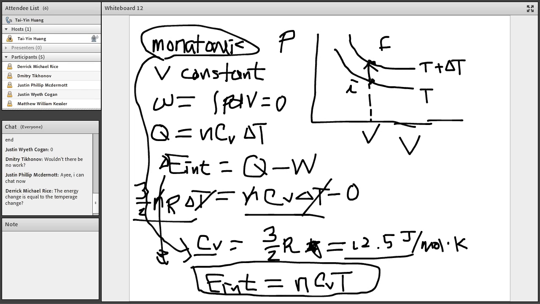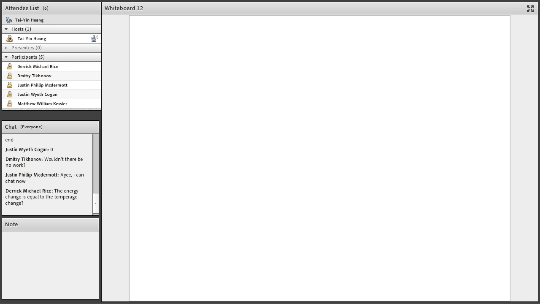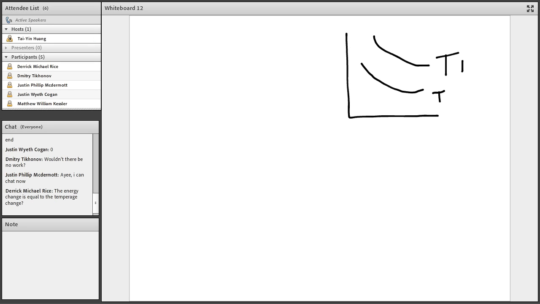So now say we're using the same PV diagram, but now we're going to take the gas through a different thermodynamic process. Now, instead of keeping the volume constant, we want to keep our pressure constant. Let me just draw it here.